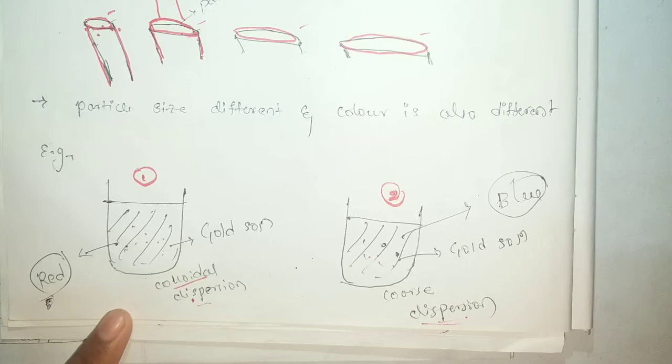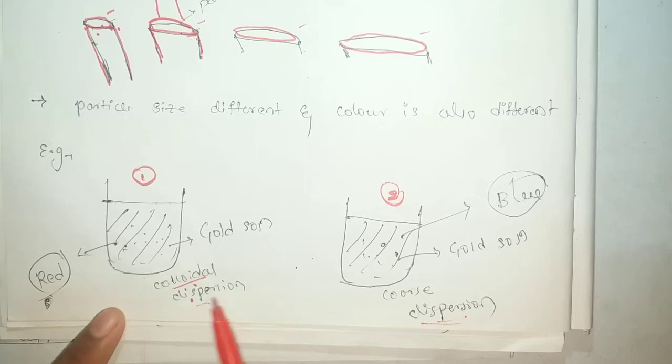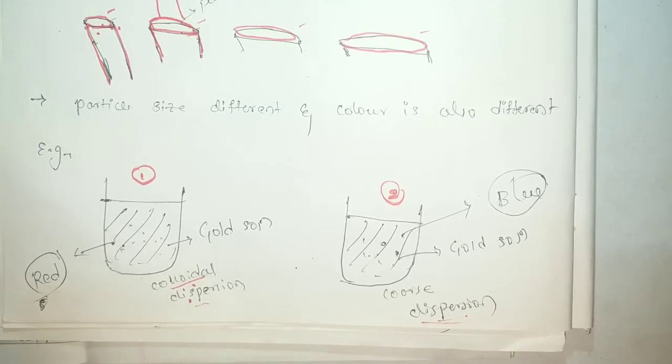The difference is the particle size. In the colloidal dispersion, the size of the particle is 1 nanometer to 100 nanometers, and the coarse dispersion is more than 1 micrometer. Here the only difference is the particle size.